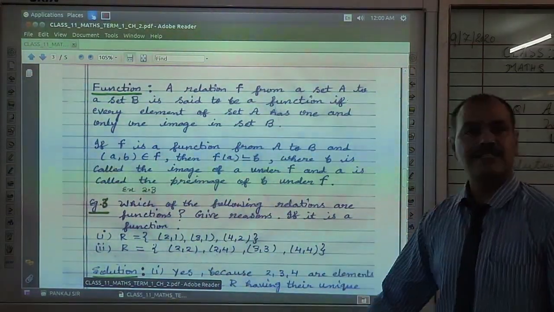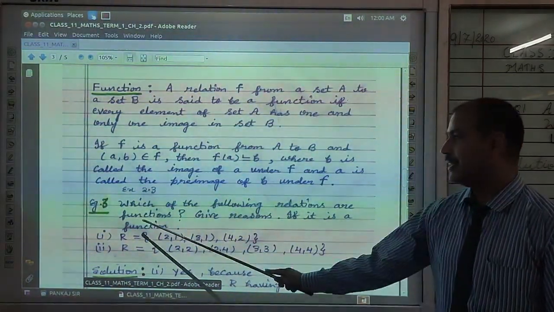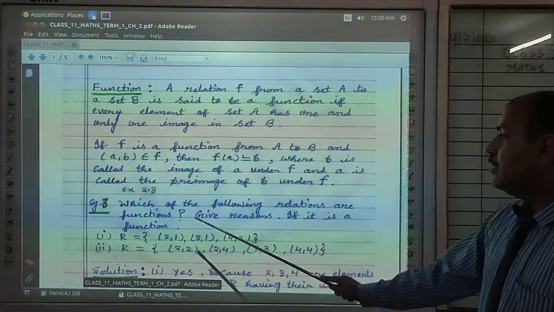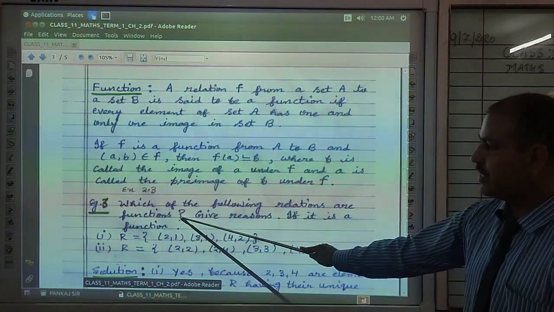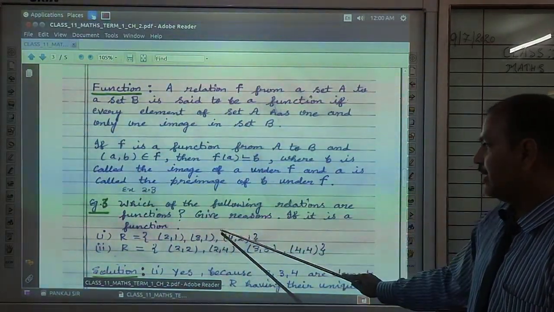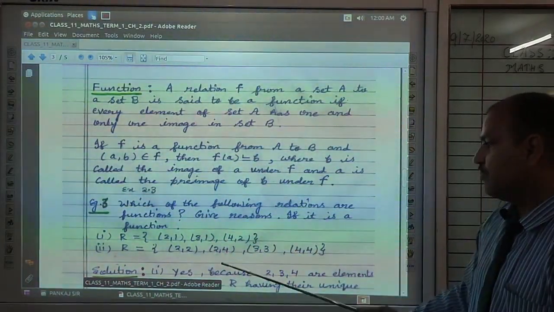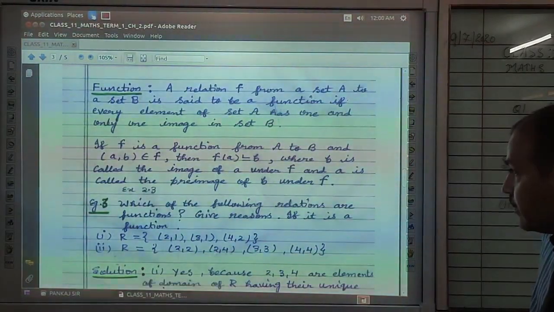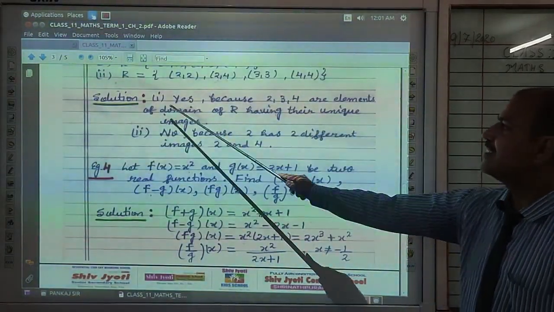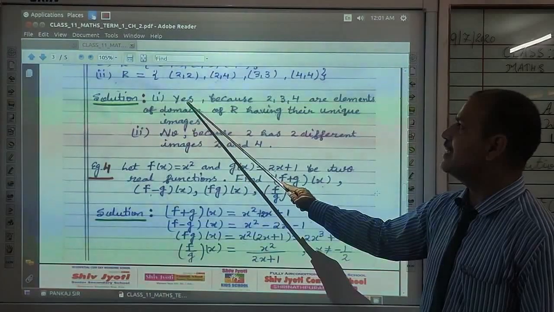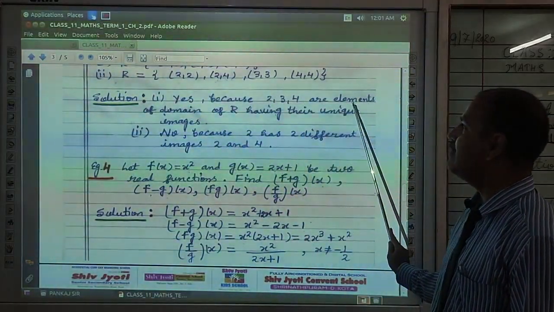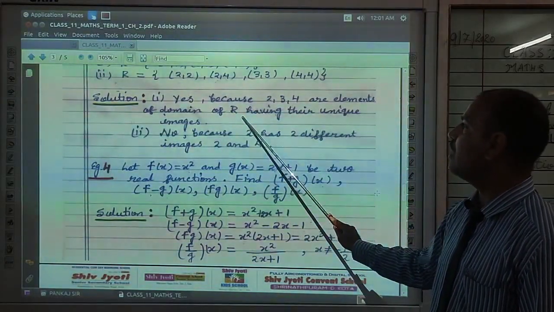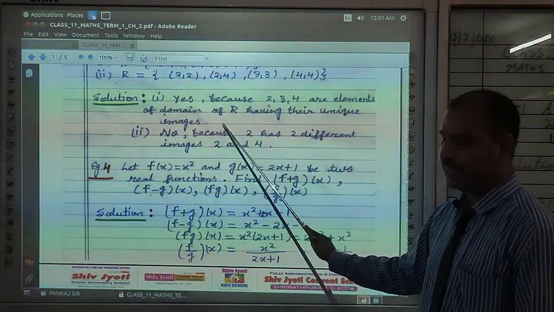Now Exercise 2.3 example. Which of the following relations are functions? Give reason if it is a function. Solution first: Yes, because 2, 3, 4 are elements of the domain of R having their unique images.